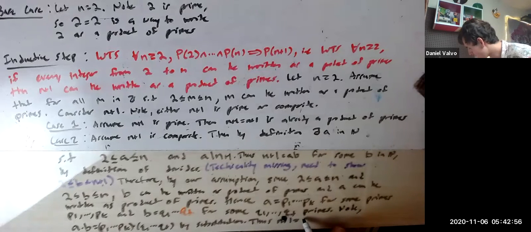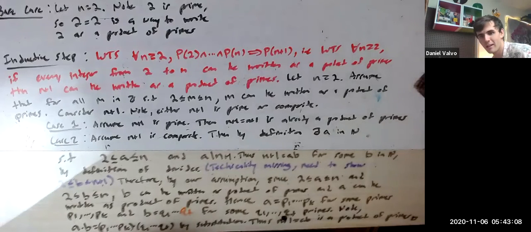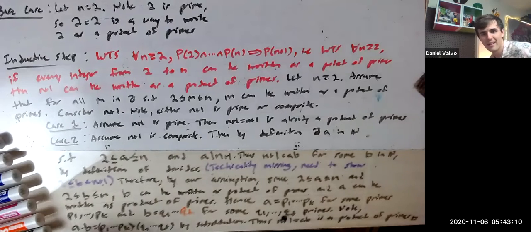Thus, N plus 1 equals AB is a product of primes. Done.